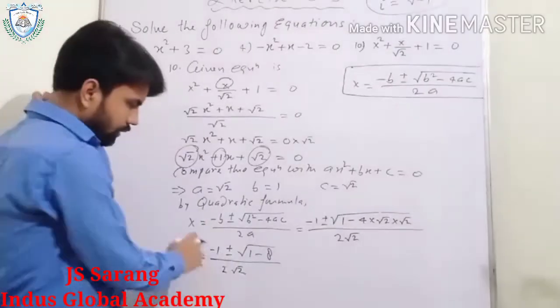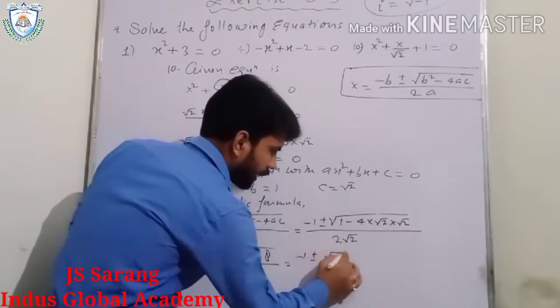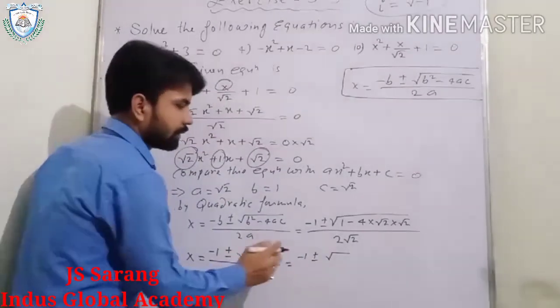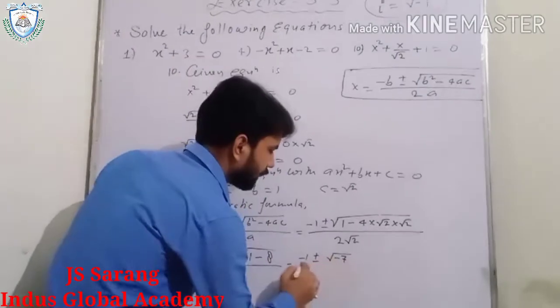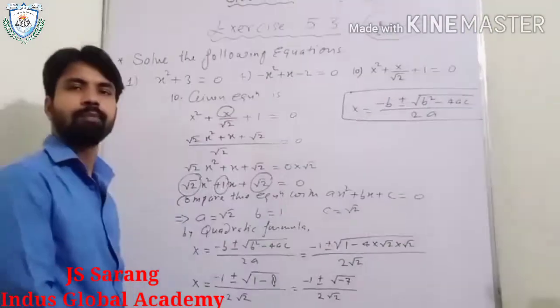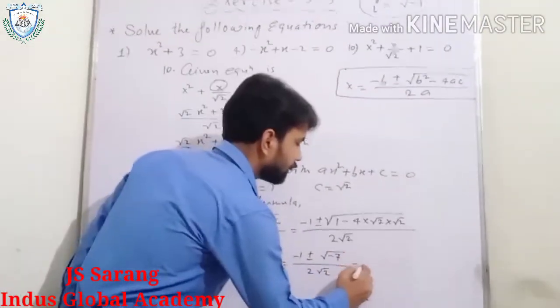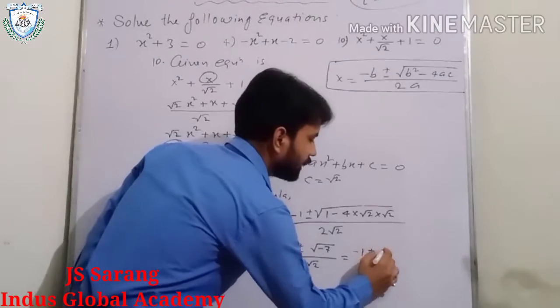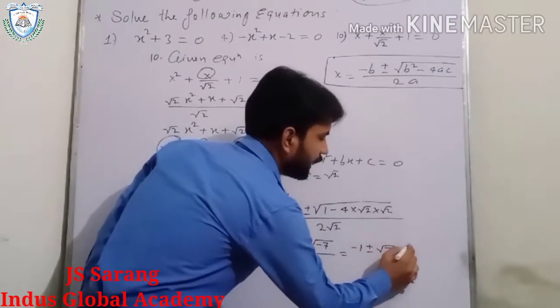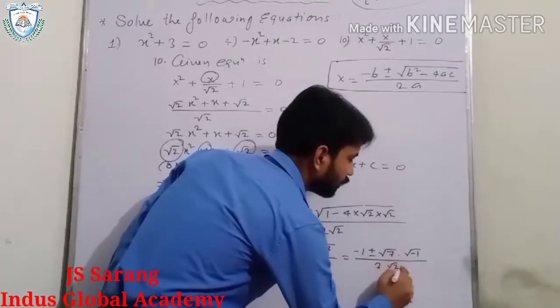Clear? Now see, minus 1 plus minus under root. Beta 1 minus 8, that is minus 7 upon 2 under root 2. Now this under root minus 7, we can write minus 1 plus minus under root 7 into under root minus 1 upon 2 root 2.